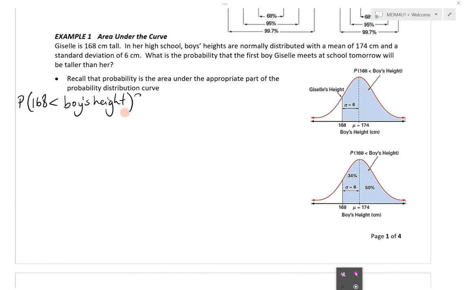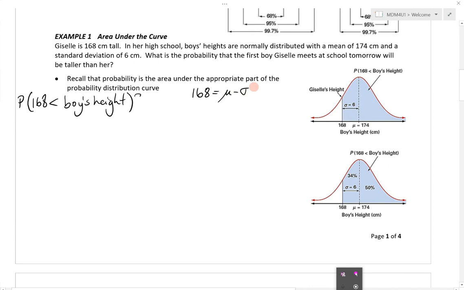All right, so how can we solve this problem? Well, let's look at what we're given in the graph. So sigma, the standard deviation, is 6, and the mean value is 174. So it turns out that Giselle's height falls at the lower limit of 1 standard deviation away from the mean value. Okay, so if we said here 168 is equal to the mean value minus sigma.